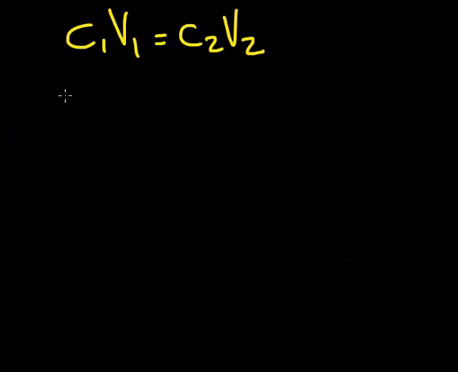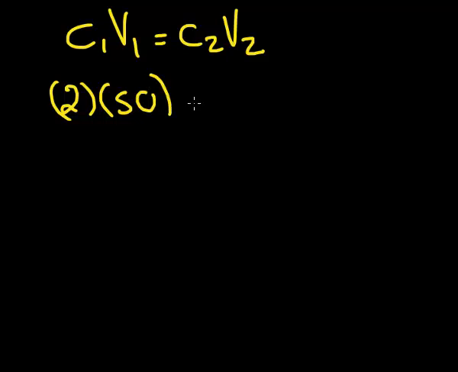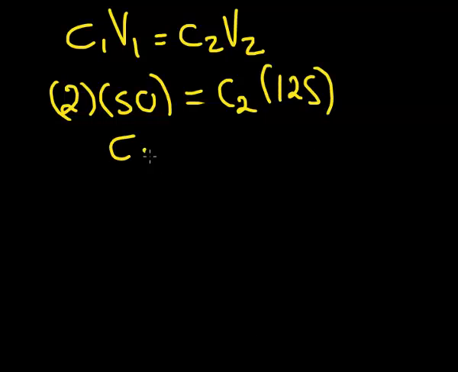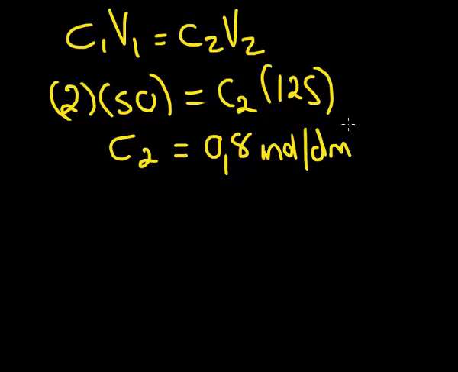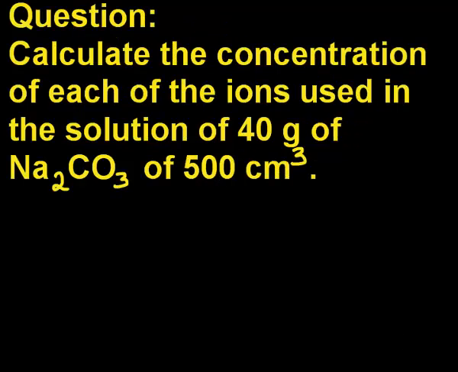Now this formula is not given to you on the formula sheet and you'll need to memorize this one by heart. So we're going to take the 2 times our 50 cubic decimeters for our volume. C2 is the one we want to calculate and the new volume was 125. This gives me a second concentration of 0.8 moles per cubic decimeter.